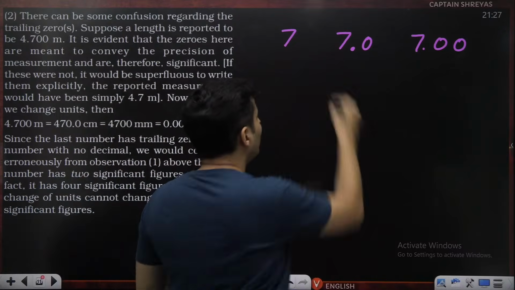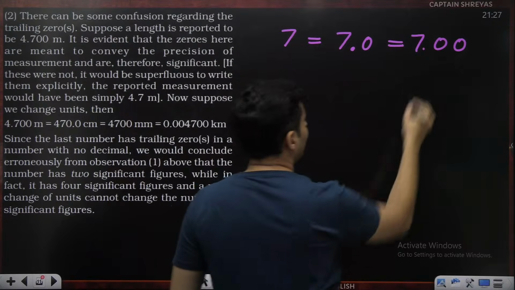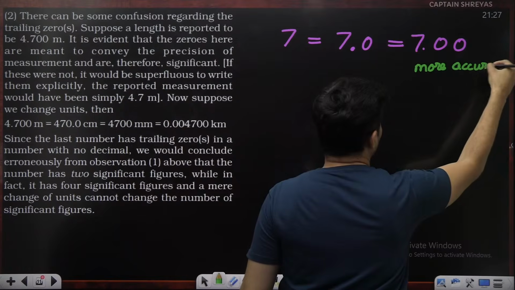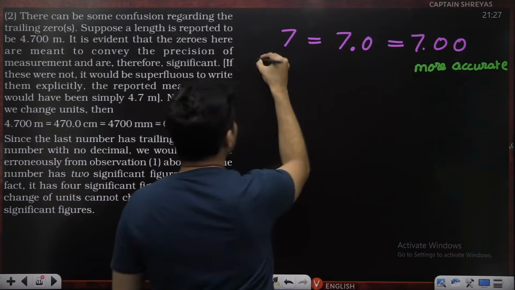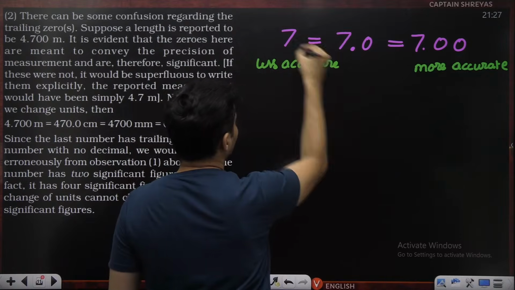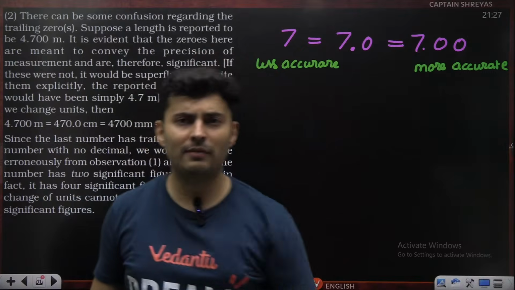Although numerically they are equal, this is more accurate, more precise, whereas this is less accurate. More error is there in this because I have gone till the second decimal to give the perfect value.